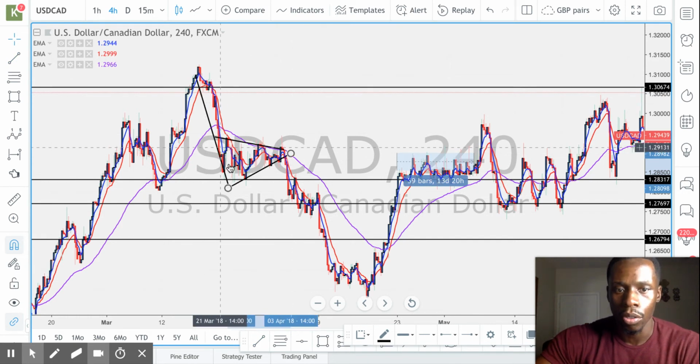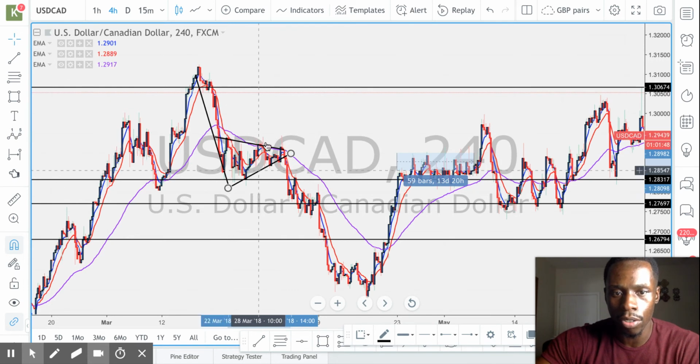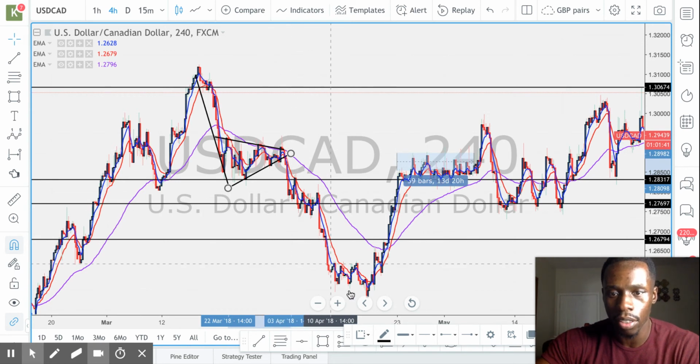You could see that price was creating highs, creating lows, creating highs, creating lows, and then it was losing momentum. And then this was the breakout completely. You guys could see that?